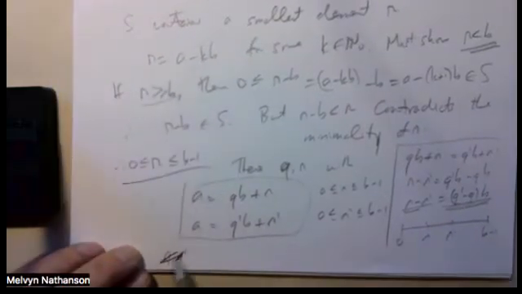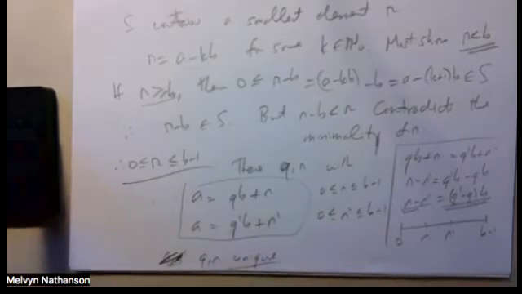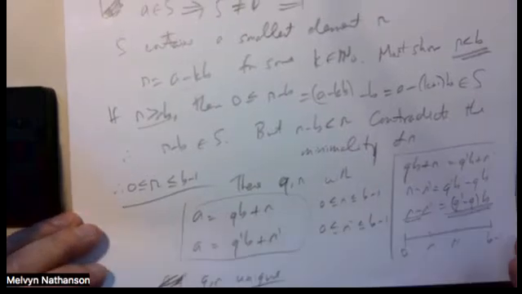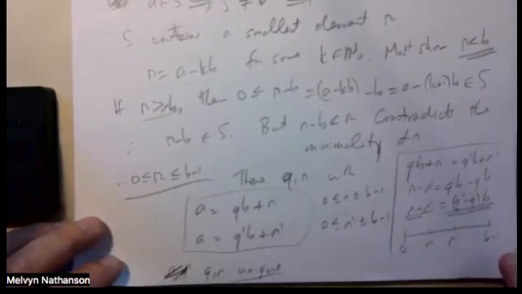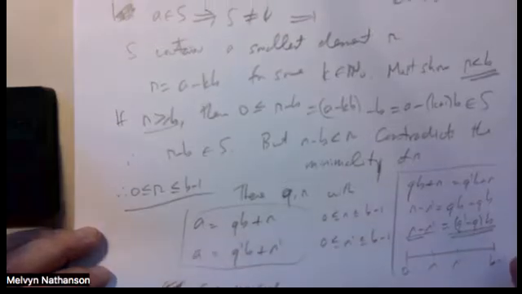So Q and R are unique. So again, this is just proving rigorously what you assumed all through school, which is you can divide one number into another, get a quotient and a remainder, and the quotient and the remainder are unique.